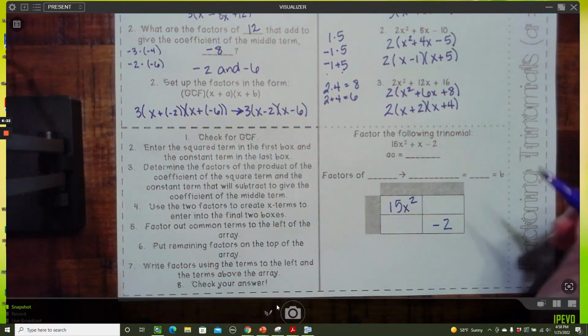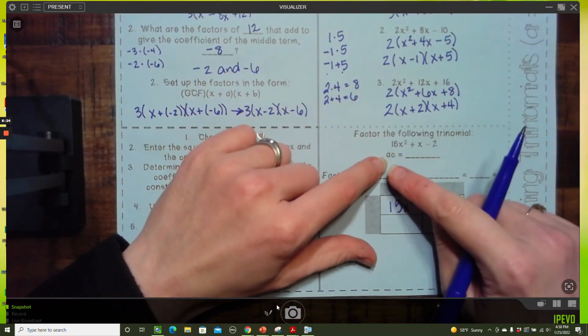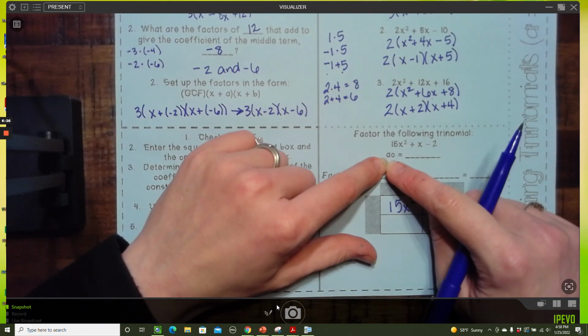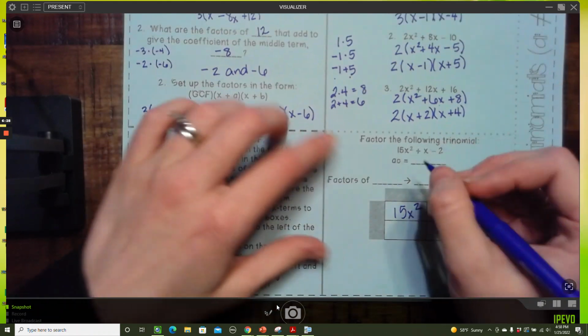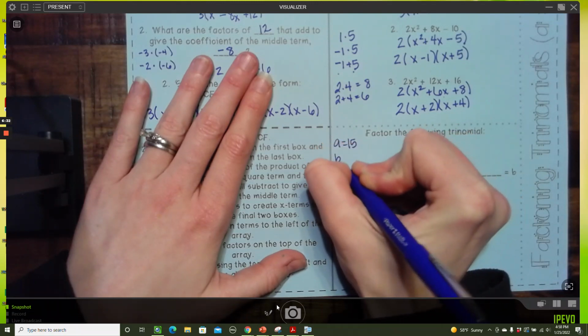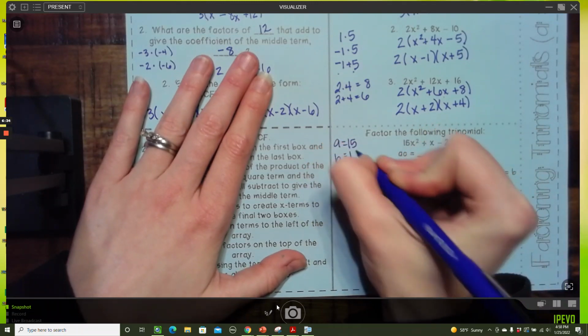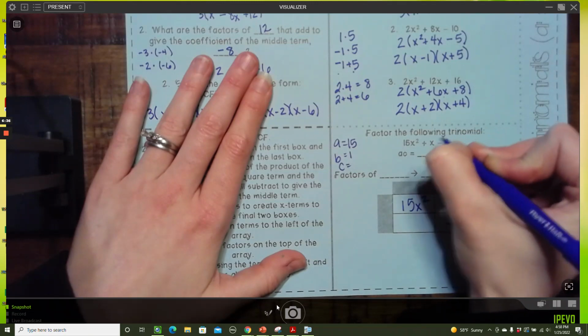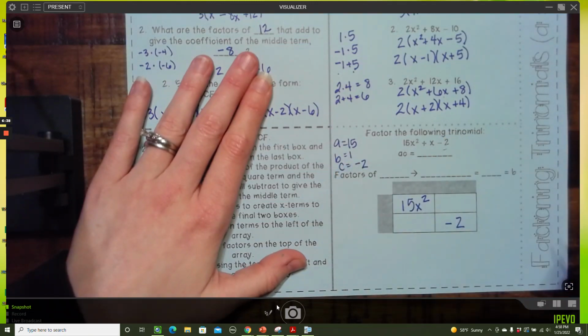well, let me show you something else. First, what we're going to do is what's called A times C. So your values here, A is 15, B is 1, and C is your constant term. Okay?